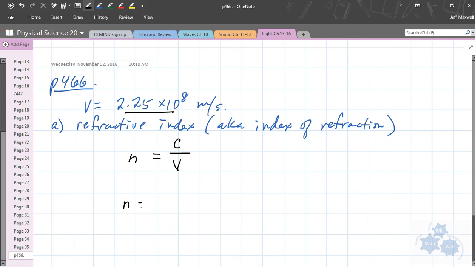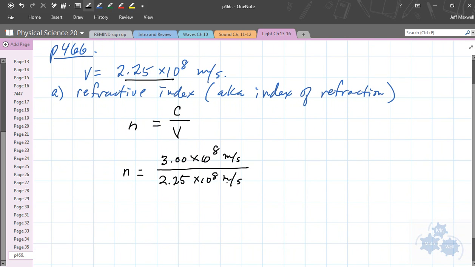So N equals the speed of light in a vacuum, 3.00 times 10 to the 8 meters per second, divided by the velocity in this medium, 2.25 times 10 to the 8 meters per second. Make sure your units line up, of course. If it's in a different unit, like kilometers per second, you're going to have to do that conversion from kilometers to meters, for example. And then we can find the index.